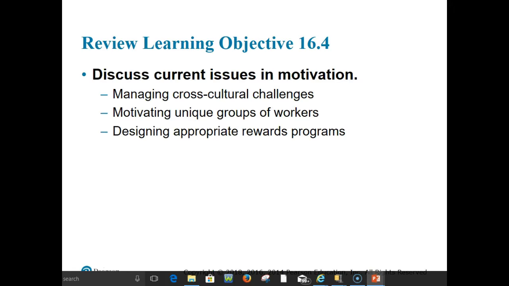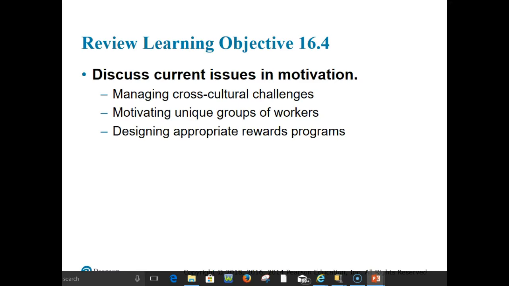So, in review of our fourth learning objective, managers must cope with 3 current motivation issues: managing cross-cultural challenges, motivating unique groups of workers, and designing appropriate reward programs. Most motivational theories were developed in the United States and have a North American bias.